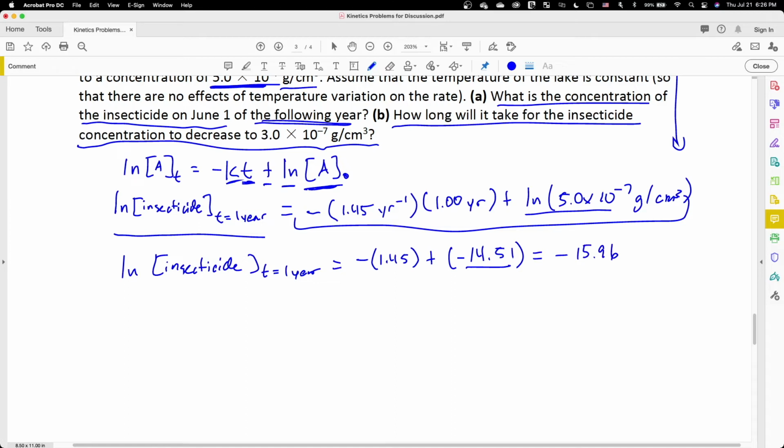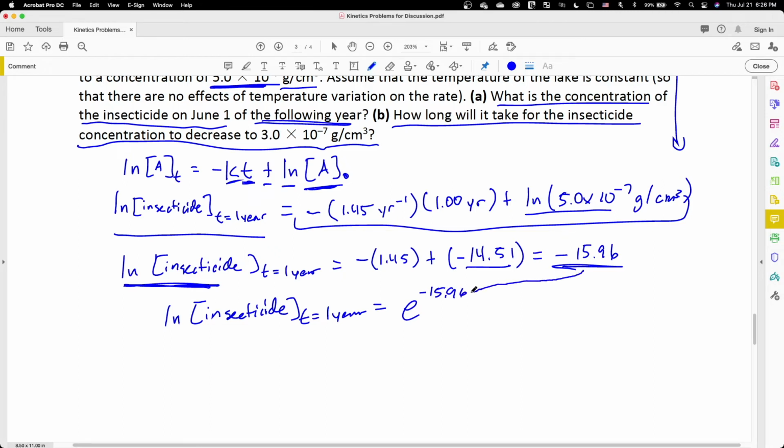Okay? So the question now remains, how do you get rid of a natural log when you have the natural log of some variable that you're trying to solve for? Well, the opposite of a natural log is e to that number. So the natural log of the insecticide at time 1 year equals e to that number that we got from over here, negative 15.96.